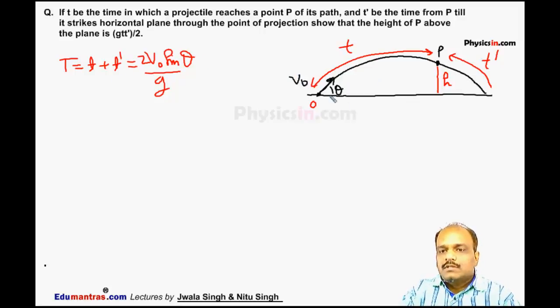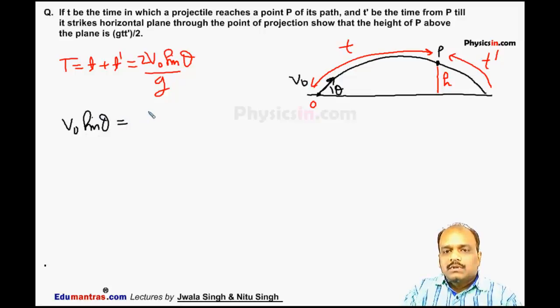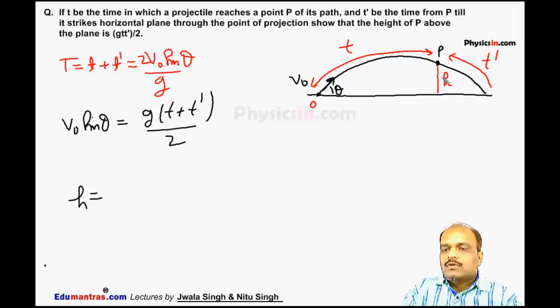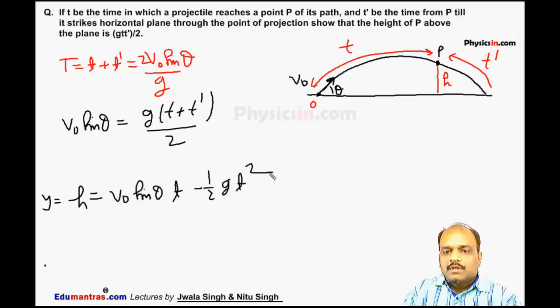So from this expression we can say v naught sin theta is equal to g into t plus t dash by 2, and h, which is y, is equal to v naught sin theta into t minus half g into t square.